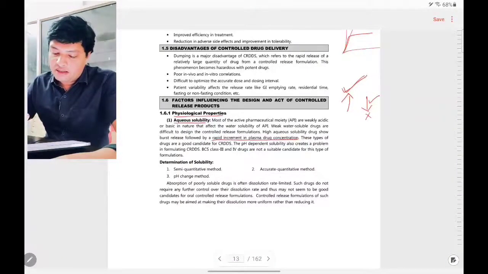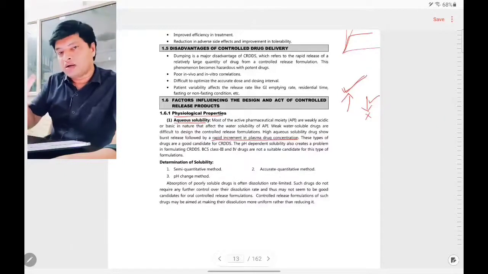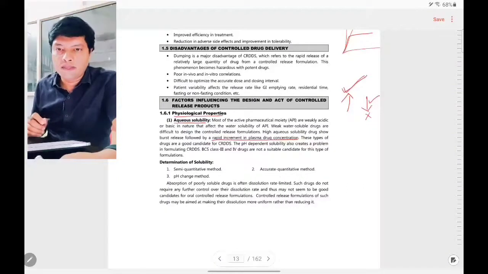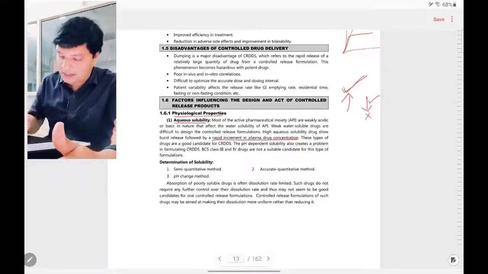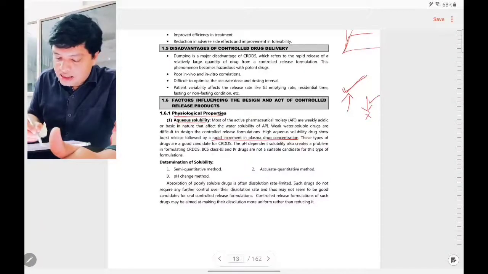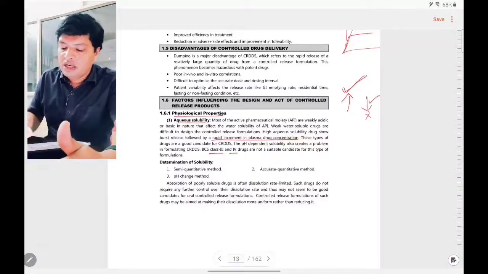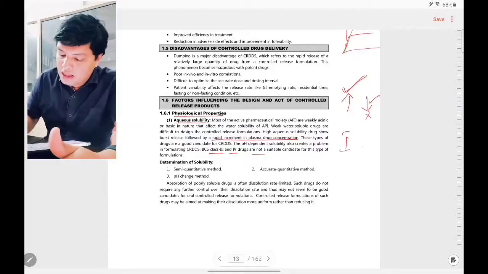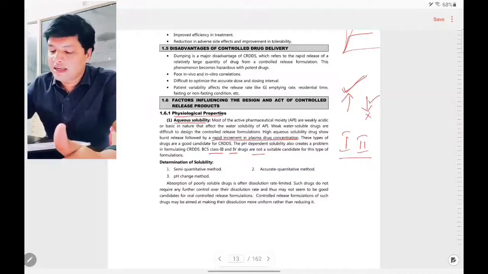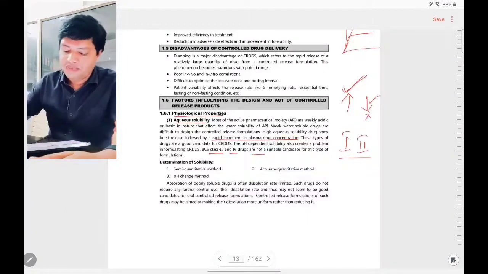So drugs with moderate solubility, not poor and not highly soluble, are the good candidates for designing controlled drug delivery. In that, what are those drugs? Which class? BCS class 3 and class 4 drugs are not suitable. Means class 1 and class 2 drugs are suitable for designing your controlled drug delivery.